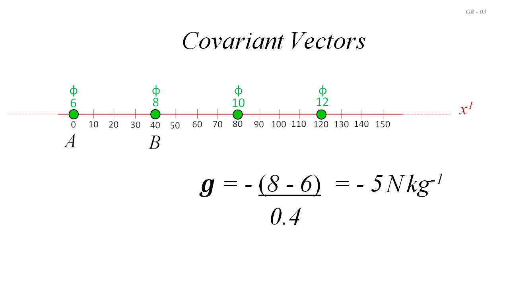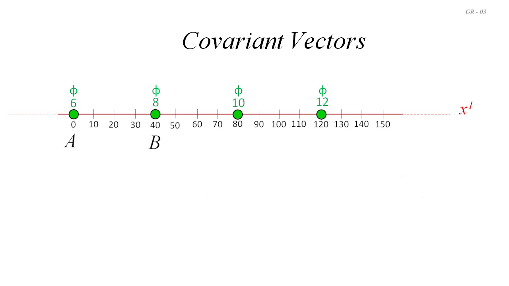In this little discussion, the gravitational field has been measured via a measurement of the gravitational potential. Now, we ask the same question as we did before. What would happen to the measurement of that field vector g if we used a different, stretched measuring scale, say one that had had its scale doubled?